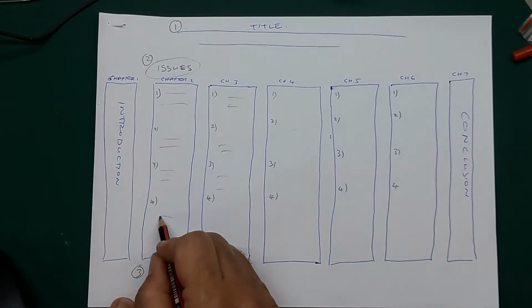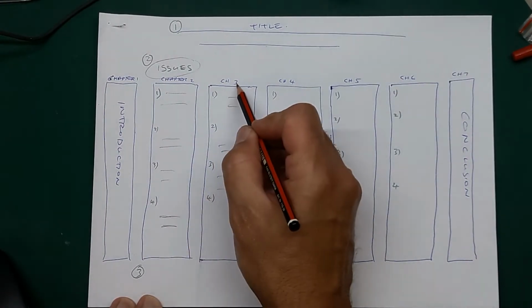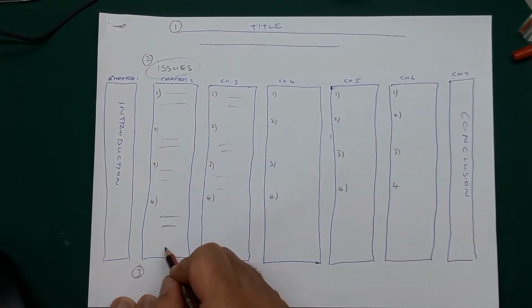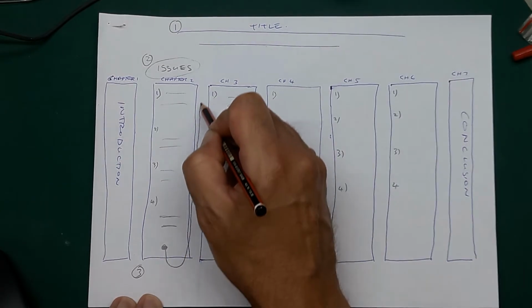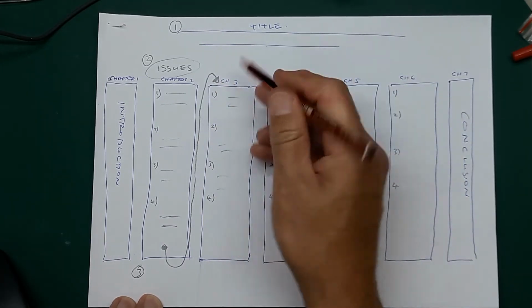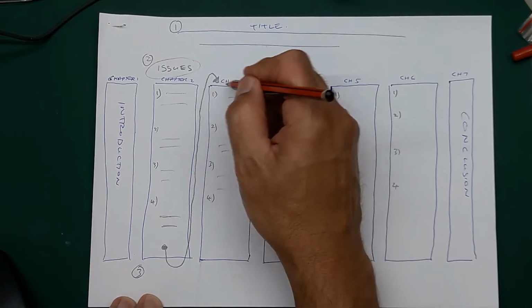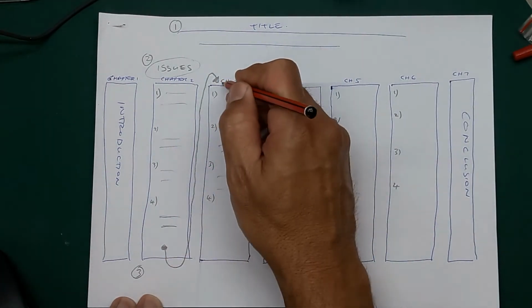But when you get to your last issue, the question is, how does that flow over to the next chapter? In other words, we need some kind of logical flow between this and then the next heading or the start of chapter 3. They need some kind of link or logical flow that goes from this question to that question.